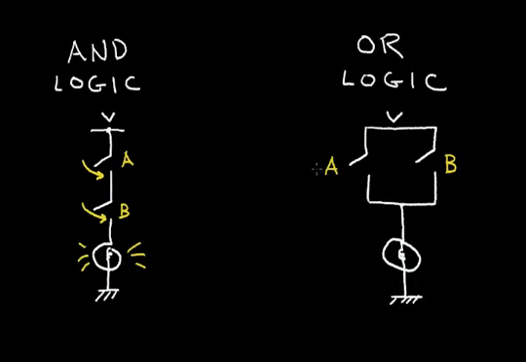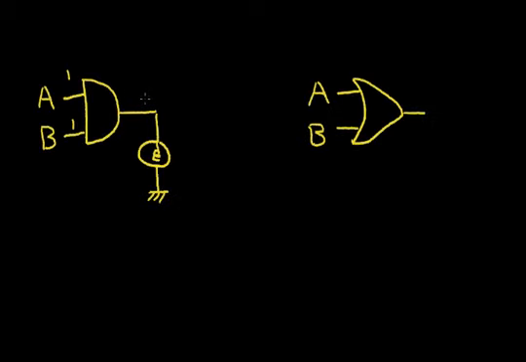Now OR logic means that I can close this switch or this switch and have the bulb light up. So in that situation, the output will be a logic 1, and we'll apply a voltage and our light will shine.